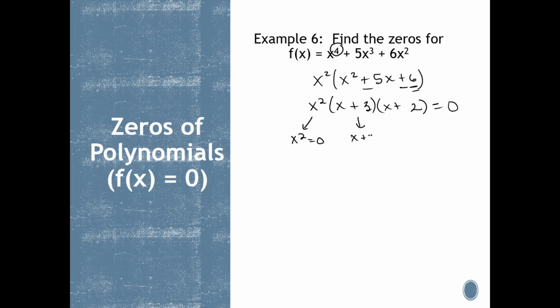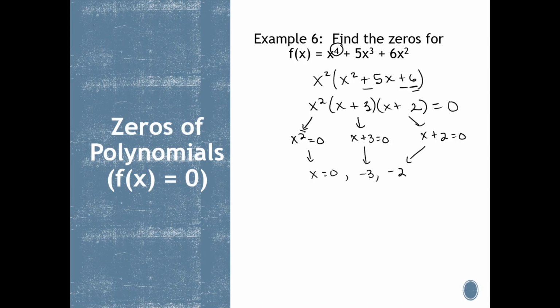I get x plus 3 equals 0. And I get x plus 2 equals 0. So my roots end up being 0, negative 3, and negative 2. So I only have 3 in the list, and I said I thought I was going to get 4.